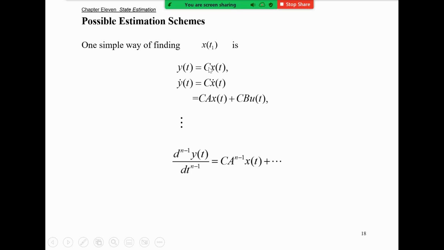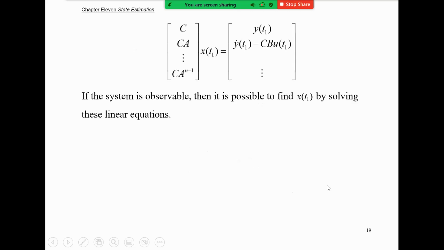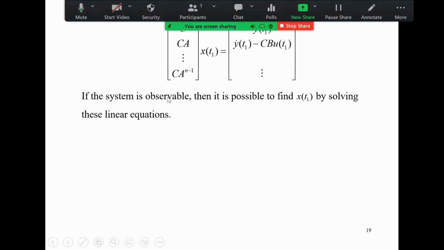Here we have C, the y dot will have our CAx, and then this is CA to the power of n-1 times x. And then all other signals will be related to the input. So if we reorganize those equations, we'll end up with an equation like this.